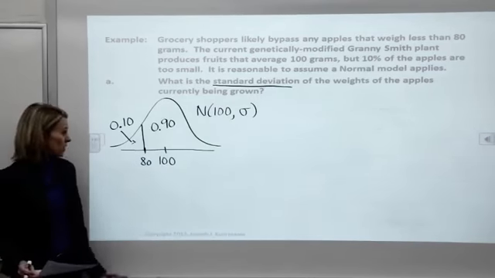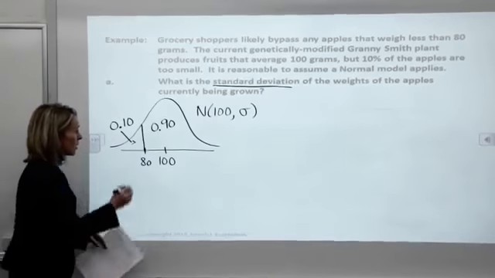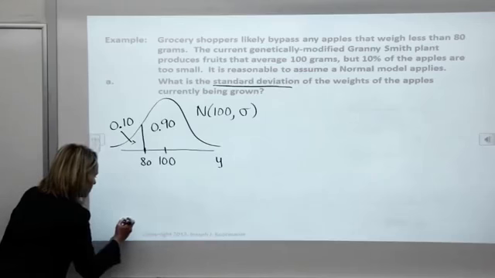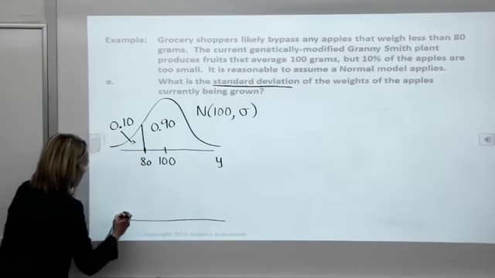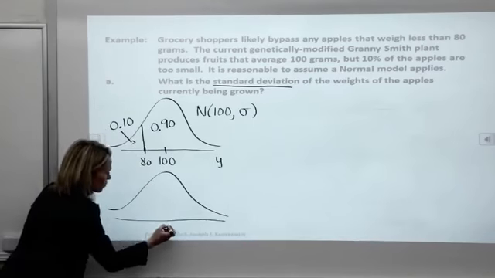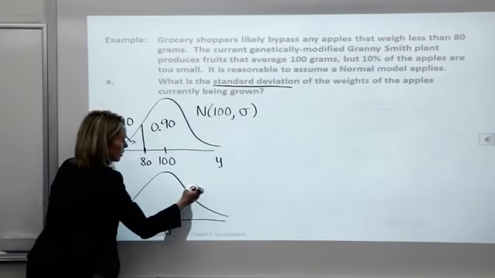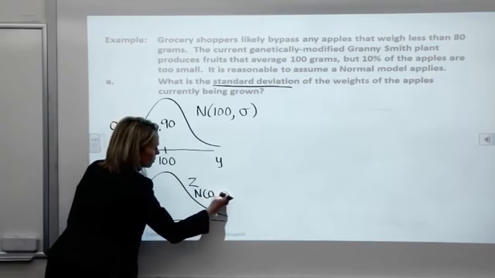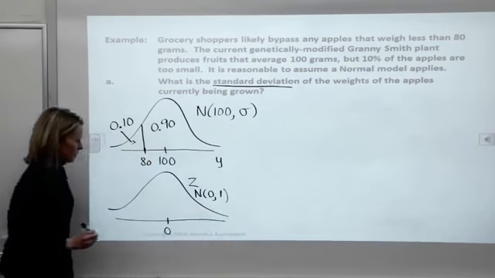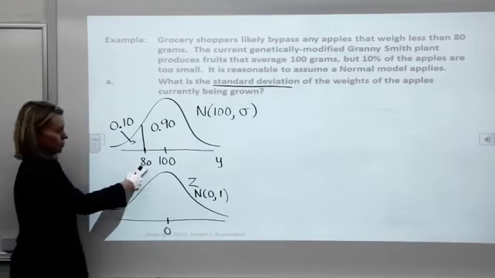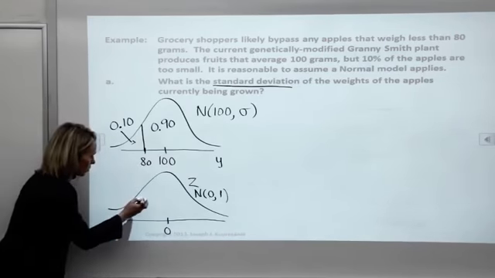Let's see if we can use the standard normal model to help us with this. So this was Y, the weights of the apples. Below this, let me draw the standard normal model, centered at 0. This is Z, normal model with mean 0 and standard deviation of 1. I could try to find the Z-score that corresponds to a weight of 80 grams.